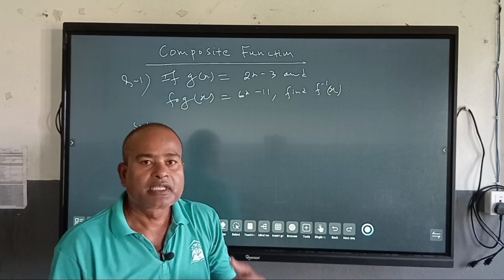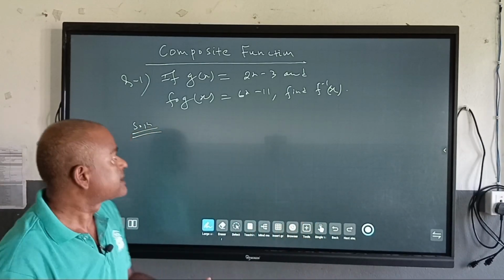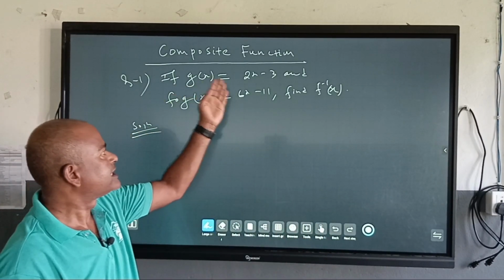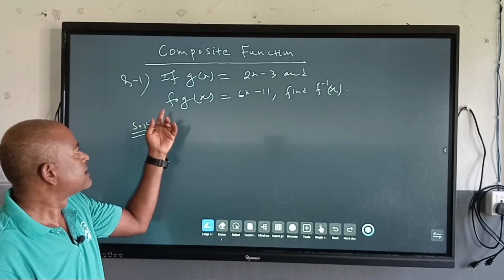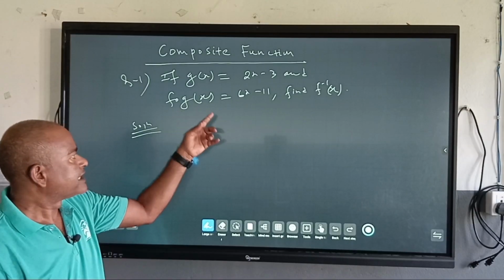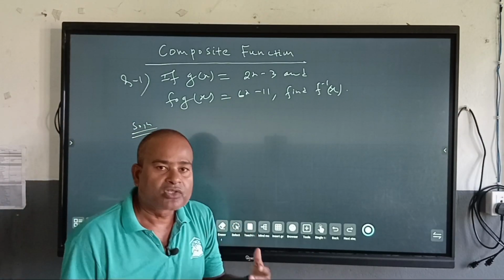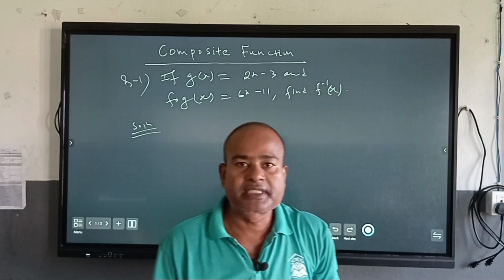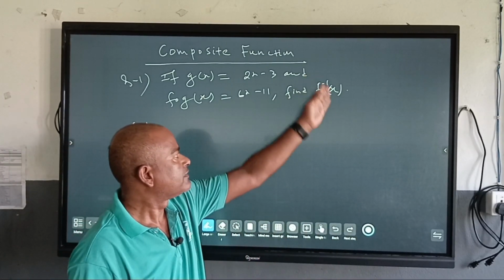Dear students, in this question we are given two functions. The first function is gx is equal to 2x minus 3 and the second function is the composite function f of gx equals 6x minus 11, and by solving these two functions we have to find out the function f inverse x.